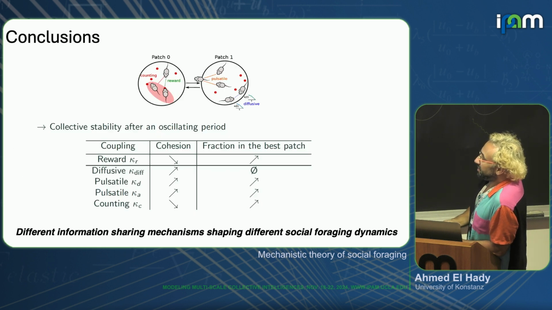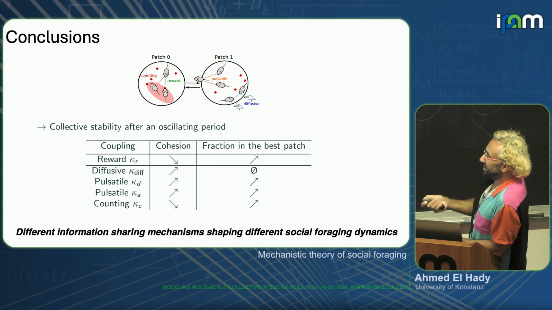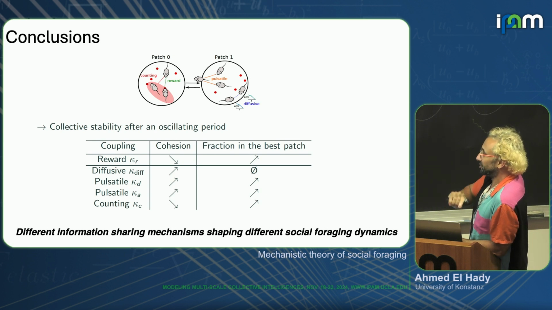So here I just give you an example that if we take the previous model, which is an evidence accumulation model for a single animal in a patch, and extend it to a group of socially interacting agents, we can get some collective stability, which is this equilibrium state after an oscillating period, okay?